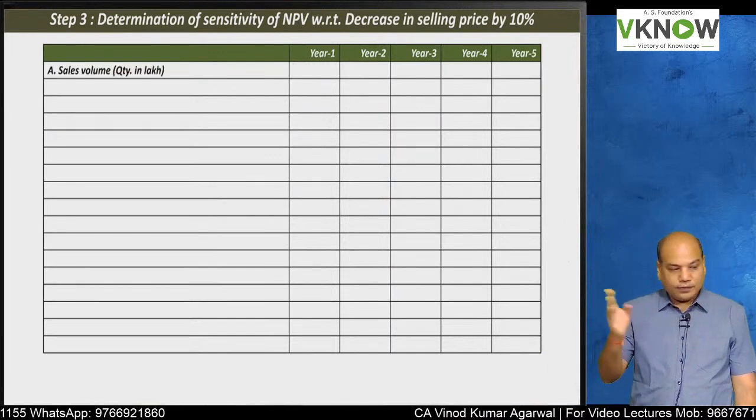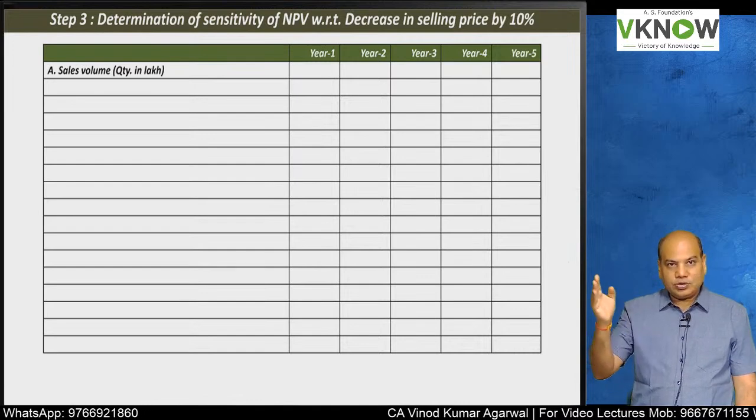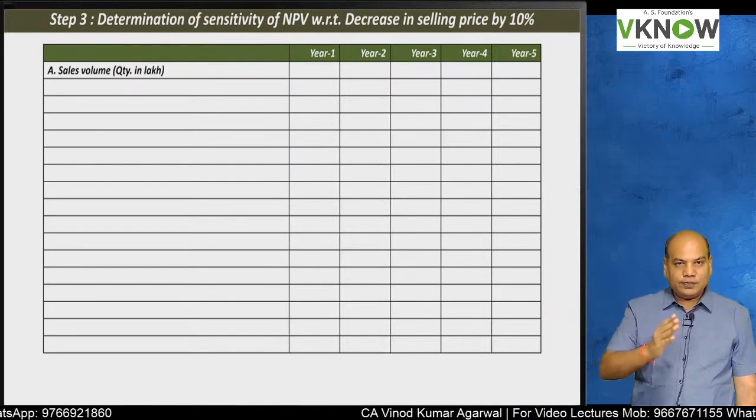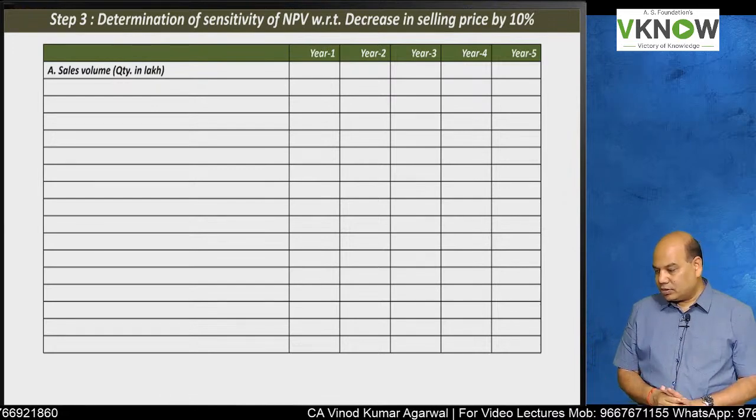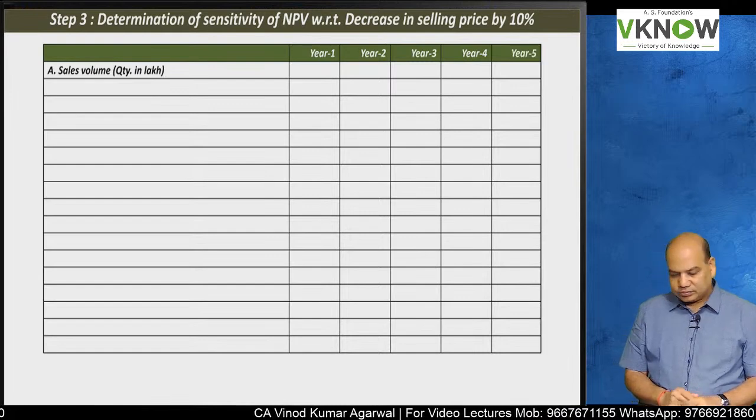Under that 5 columns again, year 1, 2, 3, 4, 5. If you have the scale, preferably use a scale.